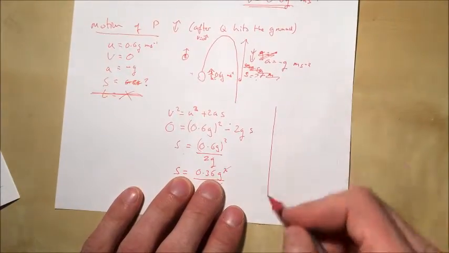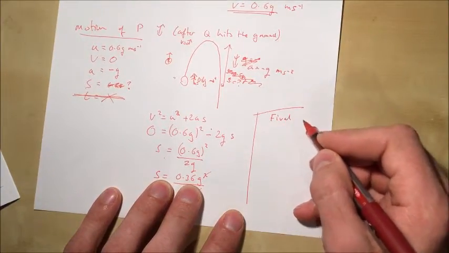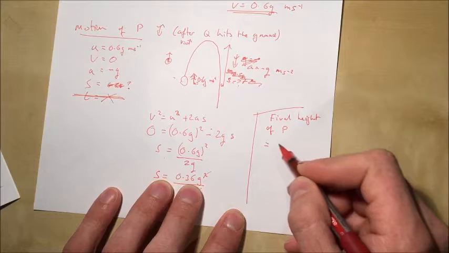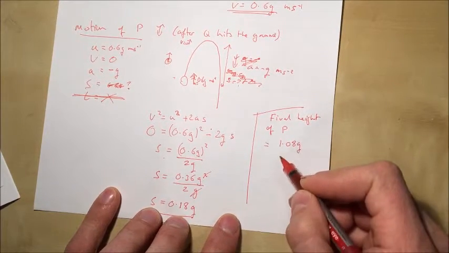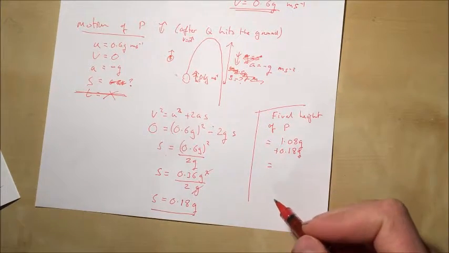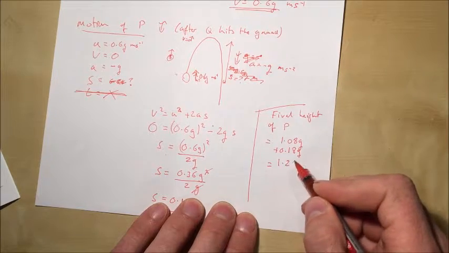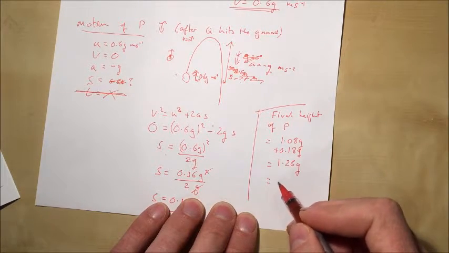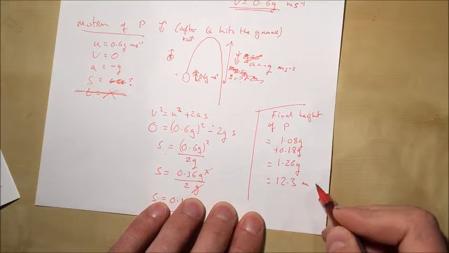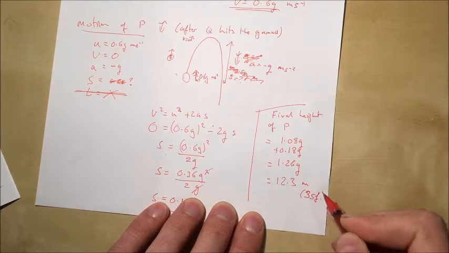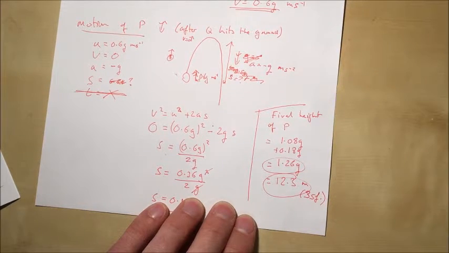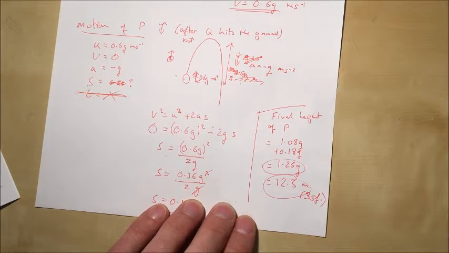So final answer, final height of P equals 1.08 G plus 0.18 G, which gives us 1.26 G. And if we get rid of the G, we get 12.3 meters to 3 significant figures. Now I think in the back of the book they've actually left the answer as 1.26 G, but obviously we can turn it into meters without the G very easily.